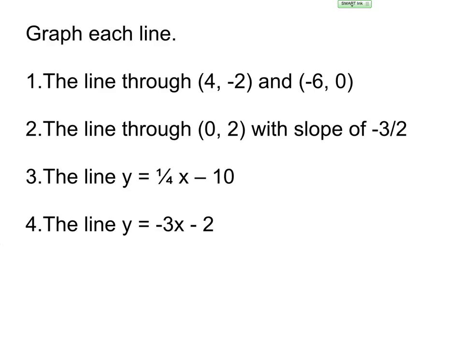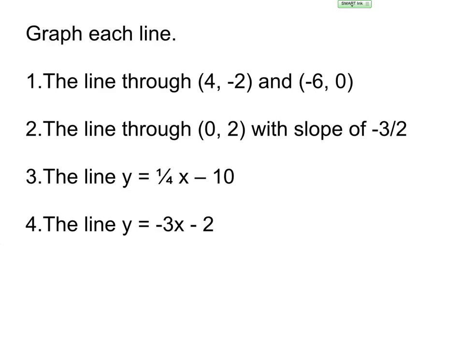It crosses at -2, and then the slope is -3, so down 3 to the right one. This should be reviewed, refresh your memory.